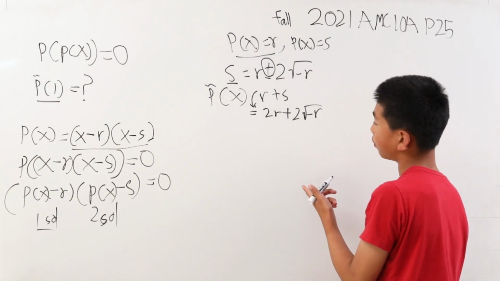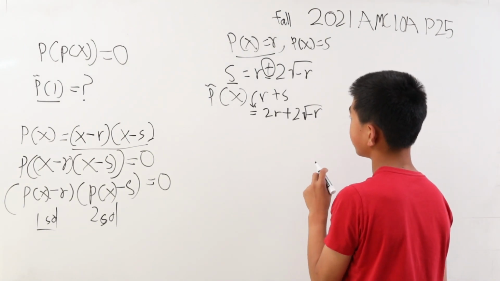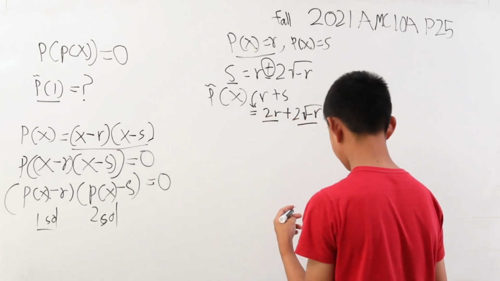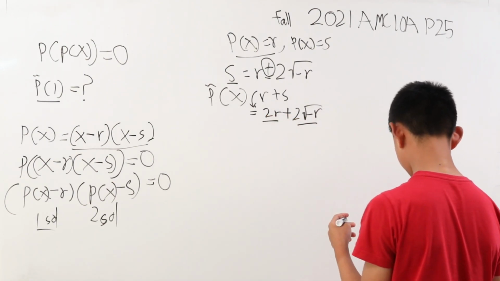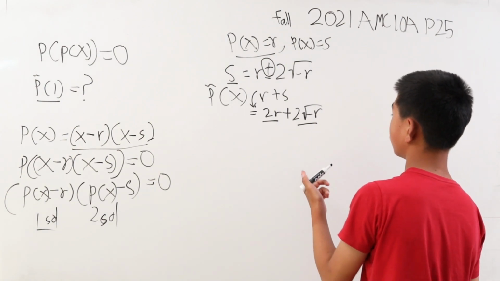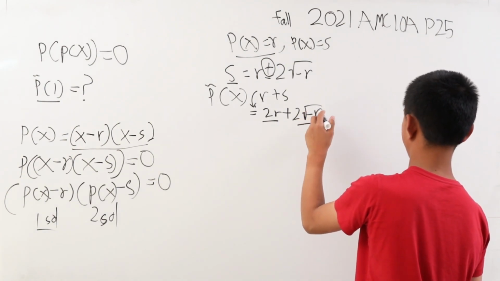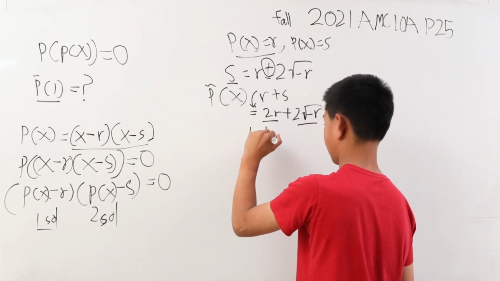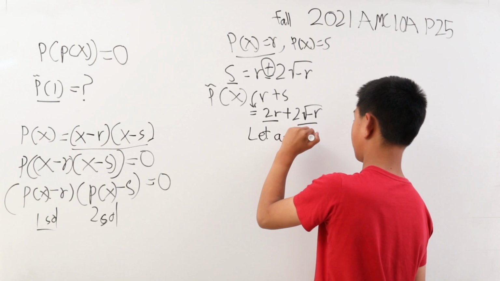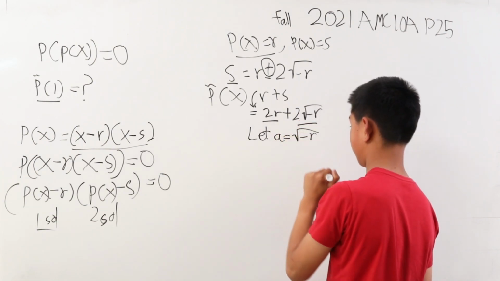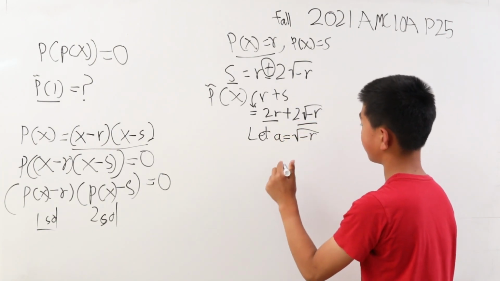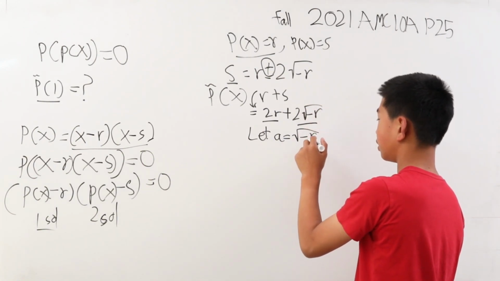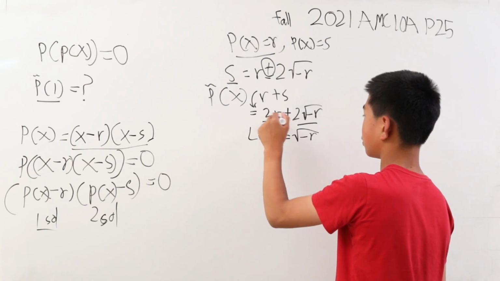Yeah, that is correct. So we have this formula for r and s. Pretty simple. Now we don't want this square root here. It looks pretty weird. So we let a be equal to the square root of negative r. Now we can really evaluate this. Okay, so 2r here.